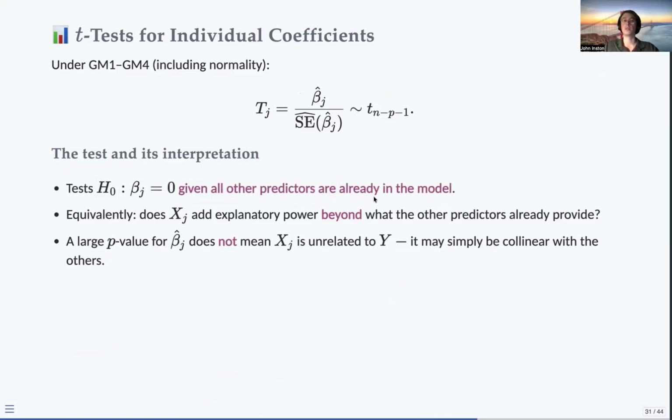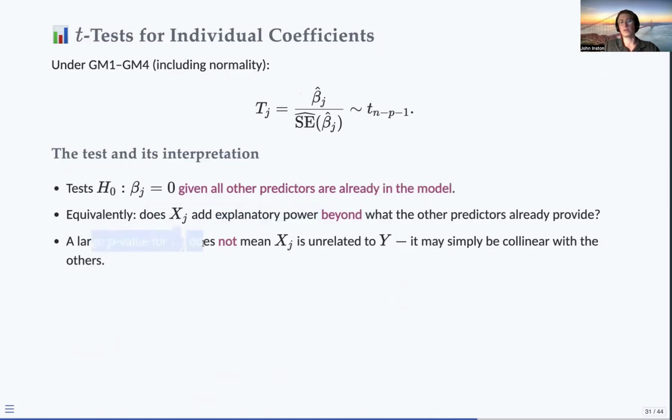So if you already have all the other predictors in the model, is there any remaining relationship between the parameter that you're adding and the response variable, or is it already completely described? Equivalently, does this add any explanatory power beyond what the other predictors already provide?